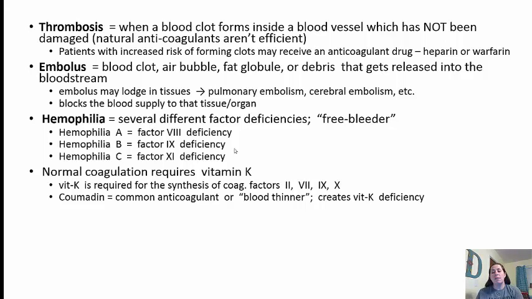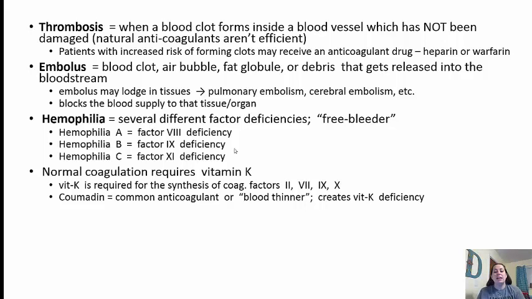Now, when we talk about normal coagulation, it's important to note that the coagulation molecules and factors are super important, but so is a vitamin, which is vitamin K. Vitamin K is required for the synthesis of those coagulation factors, especially factors 1, 7, 9, and 10. Okay, so if those don't get made because we didn't get enough vitamin K into our body, then we will see a problem as well with our blood clotting.